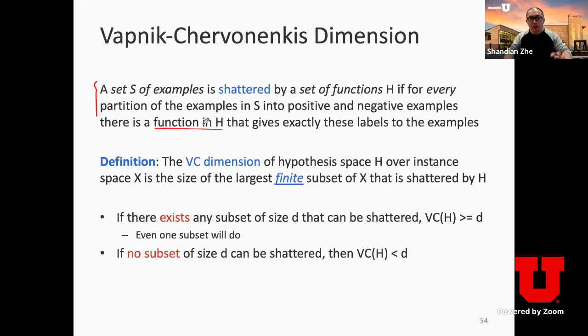Now, based on the shattering capability, the VC dimension is defined as follows. The VC dimension of a particular hypothesis space H over the instance space X is the size of the largest finite subset of X that is shattered by H. So let me reiterate again.